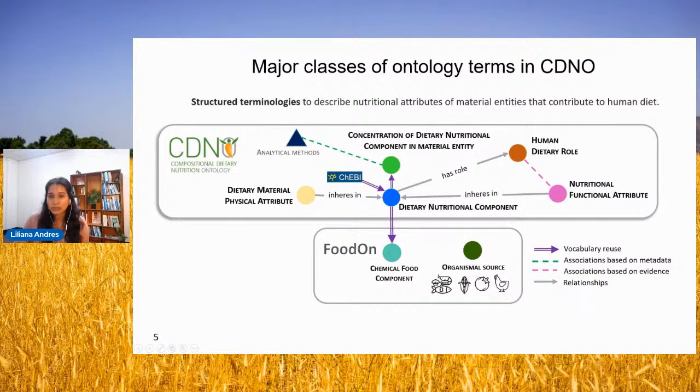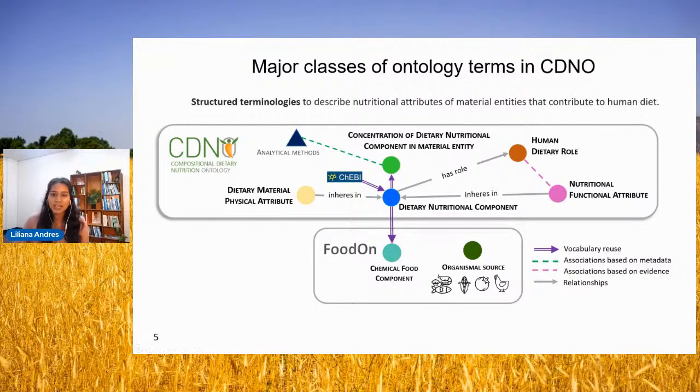The gray arrows indicate relationships based on evidence reported between independent classes. The terms in the dietary nutritional component class were used in order to create the concentration of dietary nutritional component in material entity class.